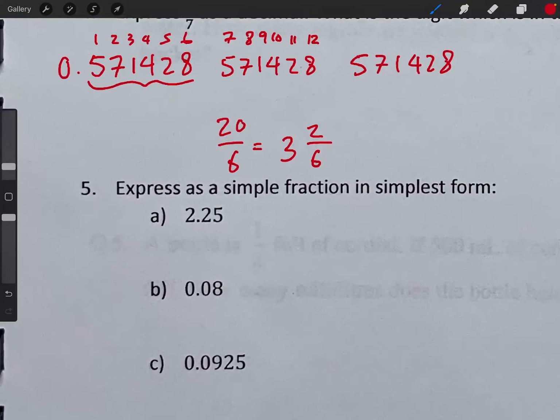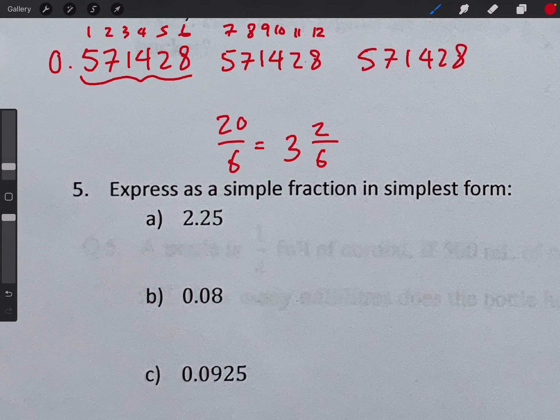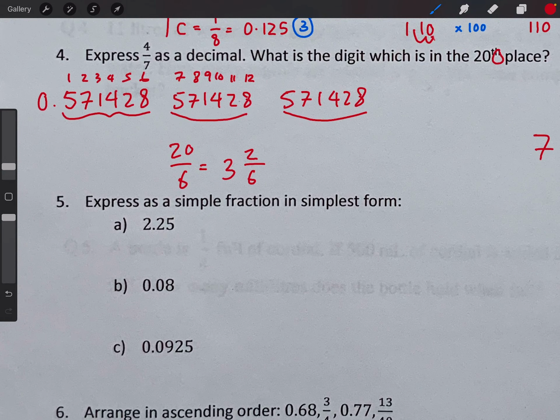It means that we're going to have 3 lots of the 6 digits, and then we have 2 remainder, so we have 5, 7. So the remainder 2 means that this is a 7. If you have a remainder 1, you're going to have a 5. If you have a remainder 2, it's a 7. This happens all the time.